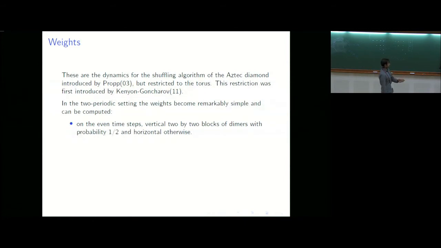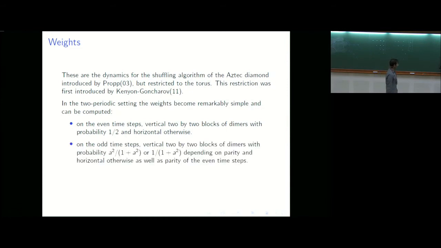So what happens is that on the even time steps, when we apply these moves and have the probabilistic choice, we add horizontal blocks with probability 1/2 and vertical blocks with probability 1/2. But at odd time steps, it splits into two parities.